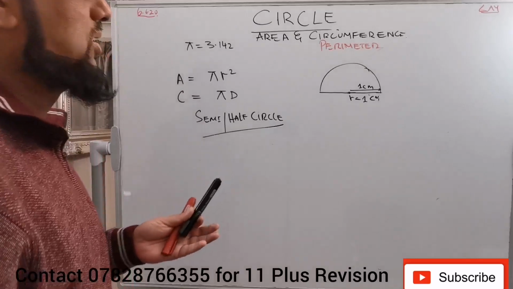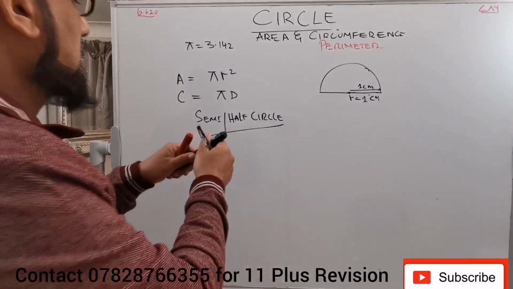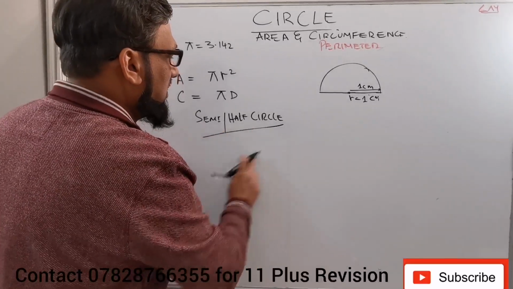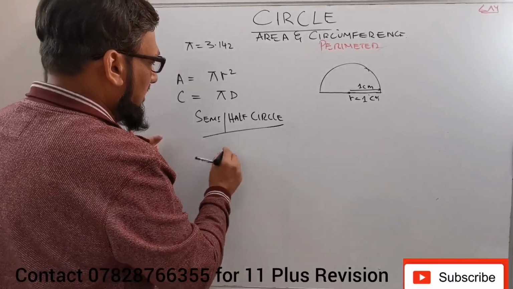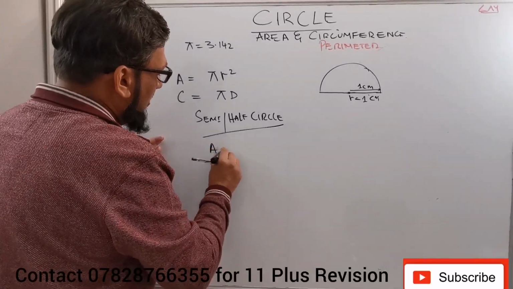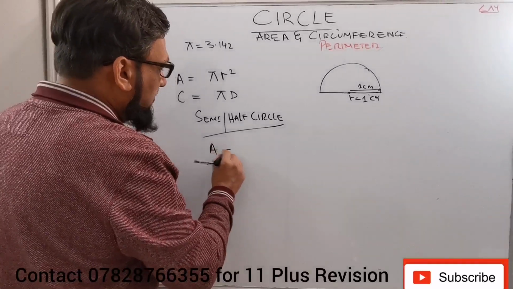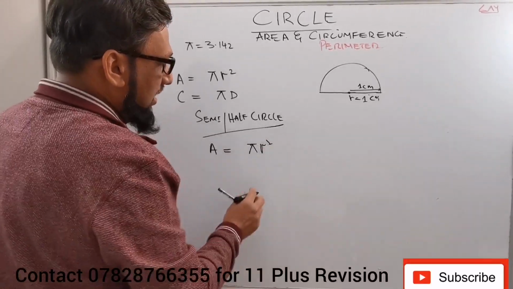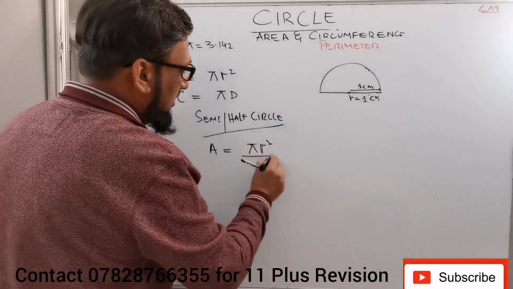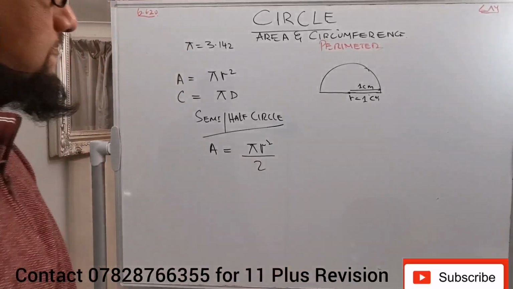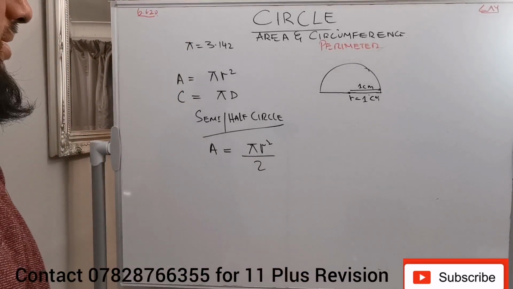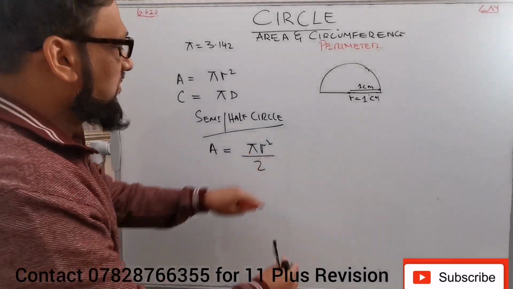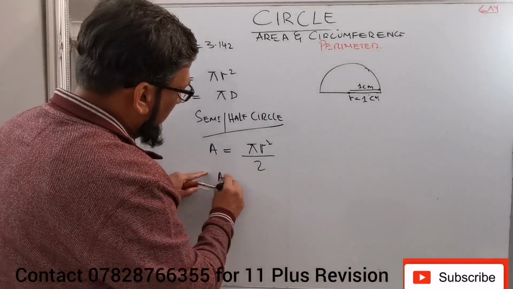Very simple. What you do is simply divide by 2. So the area of a half circle is pi r square divided by 2. You just plug in the values.